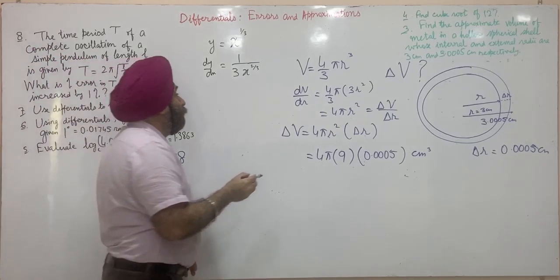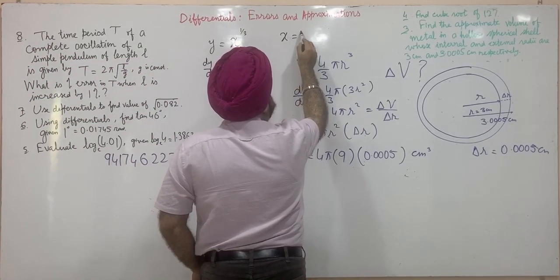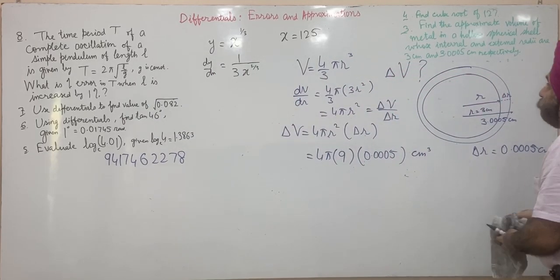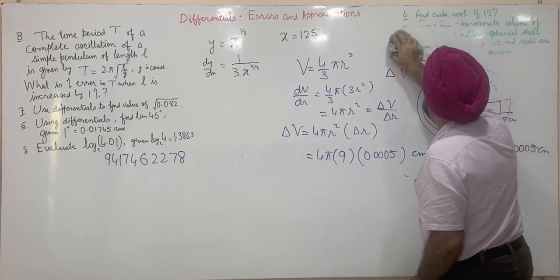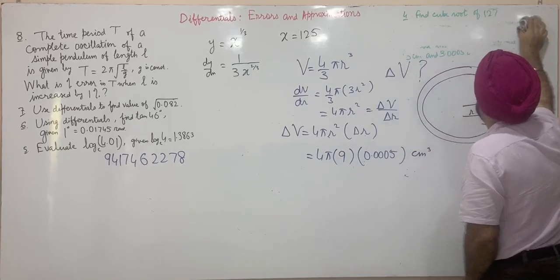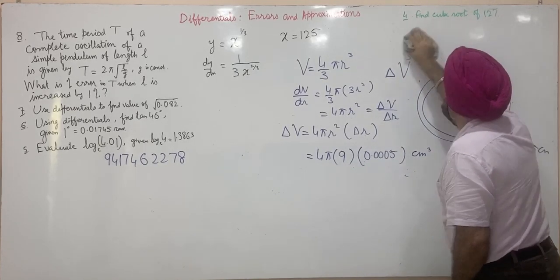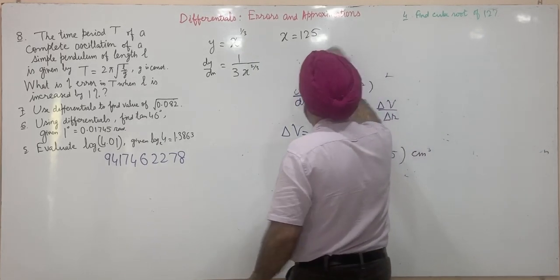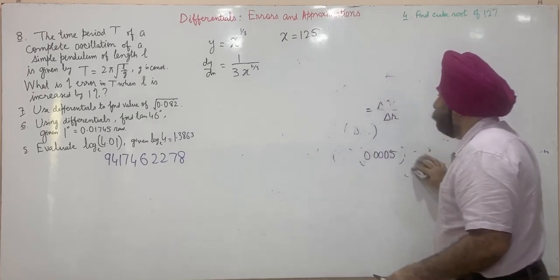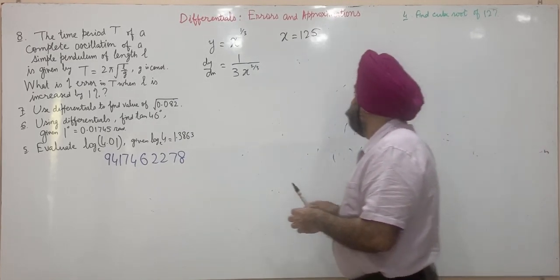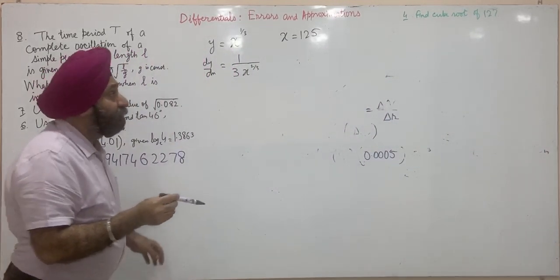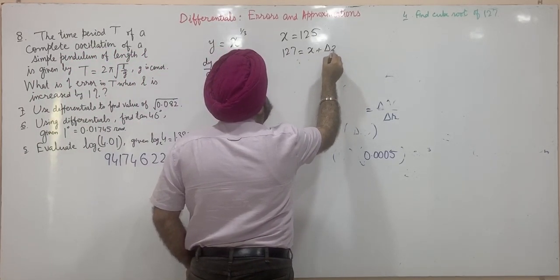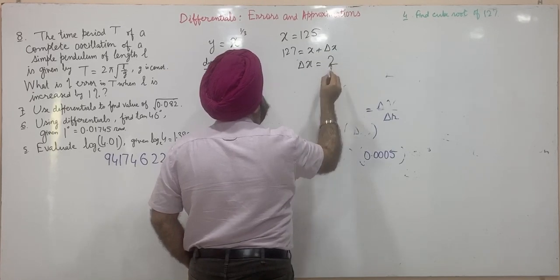Second, we choose the value of x. X in this case is 125. Now how do we get 125? This value is very close to 127 and its cube root is known. The cube root of 125 we know is 5. That's why we are choosing this value. So x is 125. 127 is x plus delta x, which gives us delta x as 2.